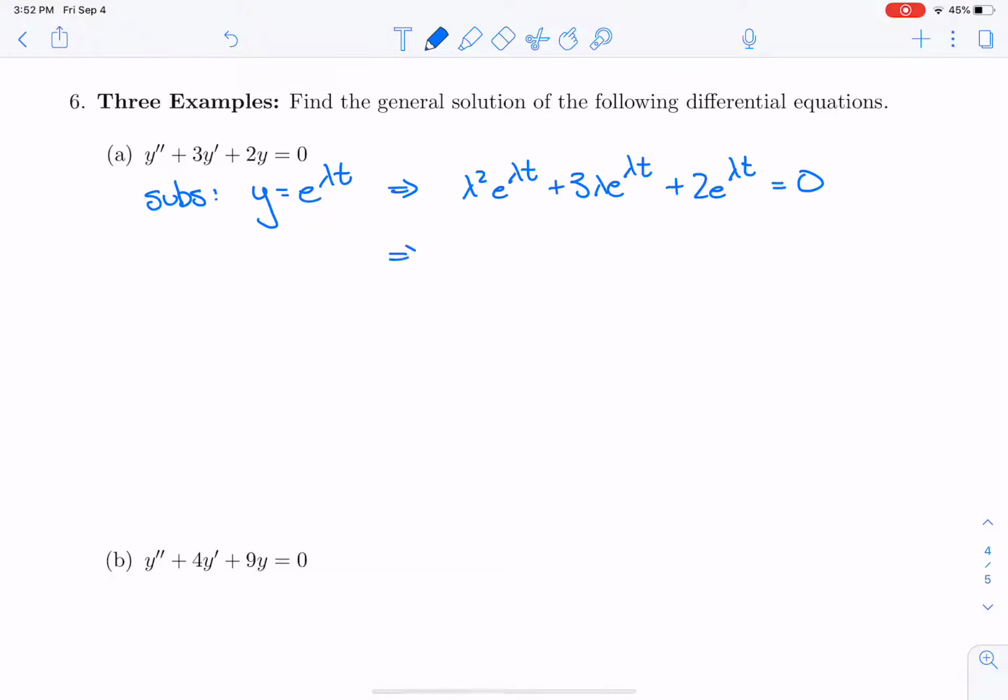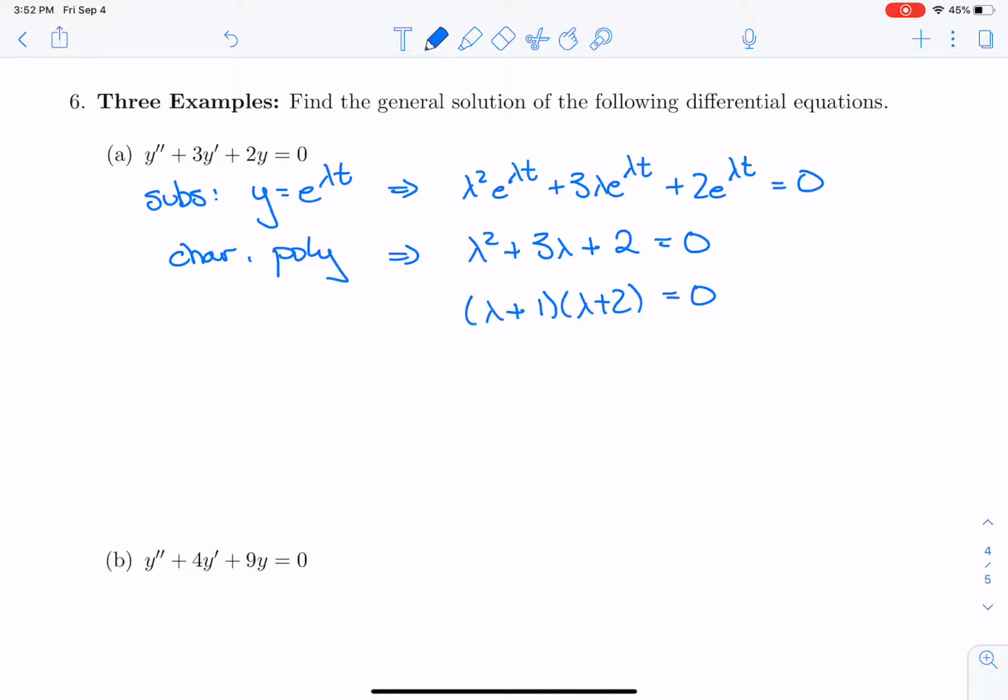And then I can just look at the characteristic polynomial, removing the e to the lambda t's: lambda squared plus 3 lambda plus 2 equals 0. So I can factor that. Lambda plus 1 times lambda plus 2 equals 0. So that tells me that lambda could be -1 or -2. So I have a general solution.